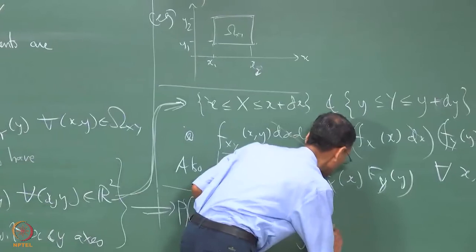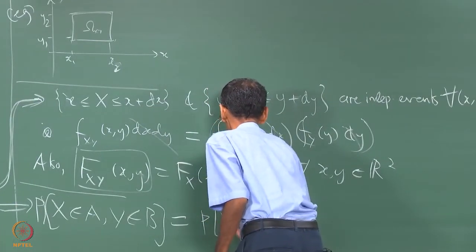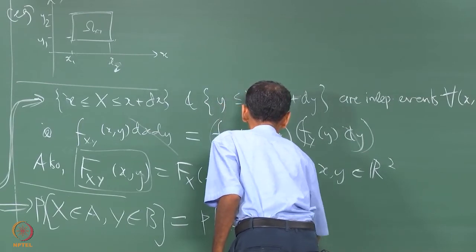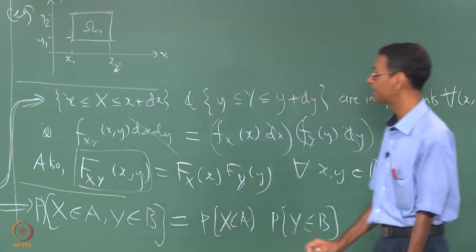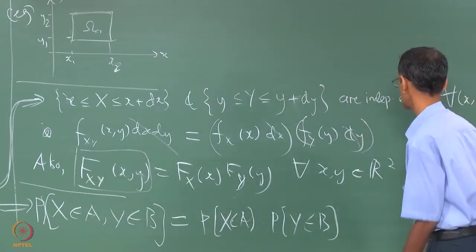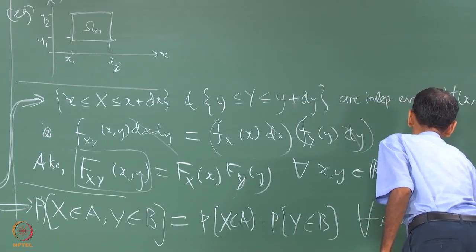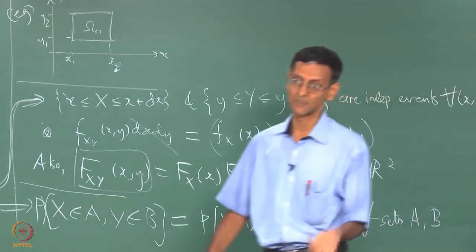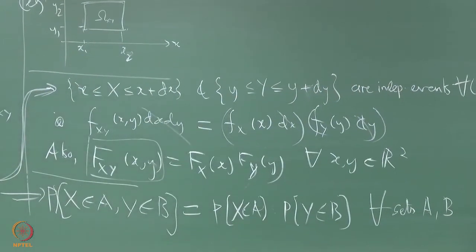This will always be equal to the probability that x is element of A multiplied by the probability that y is element of B, for all sets A and B. What are these sets? These are Borel sets basically, intervals essentially.